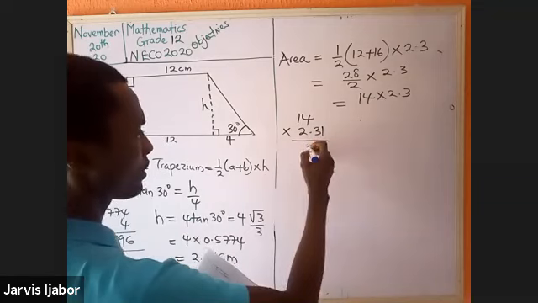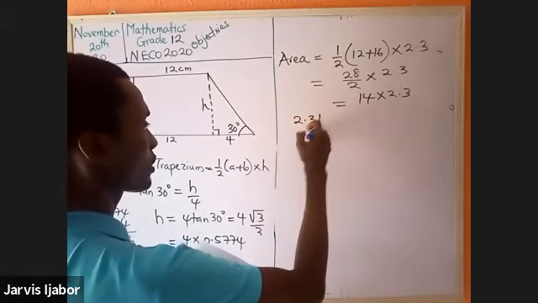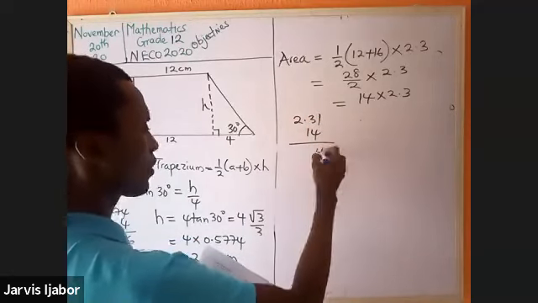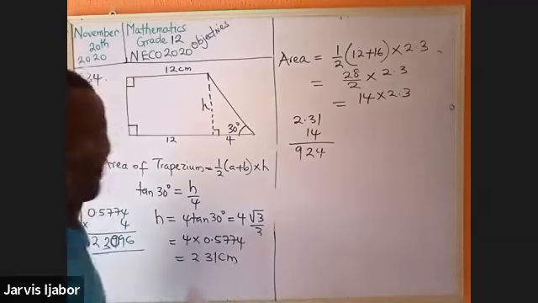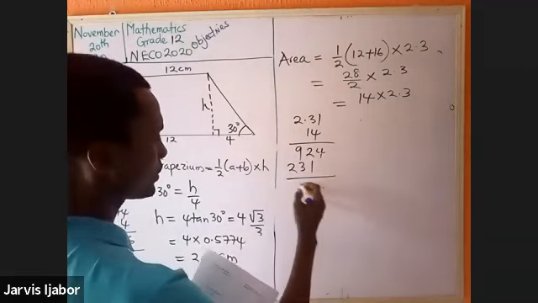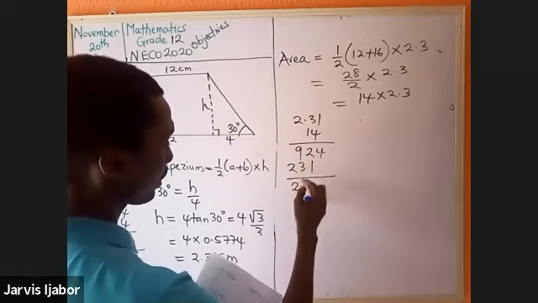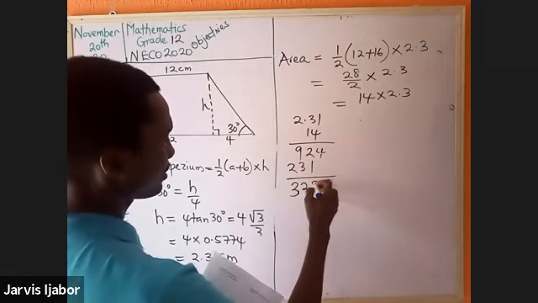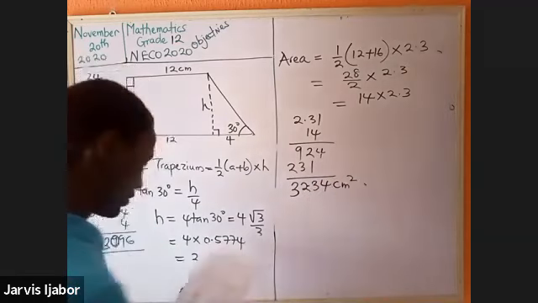That will be 2.31 times 14, and that will give me 429. Hope I'm right with that. And that will give me 231. So that will be 32.34. Right. Okay, so that's the answer.